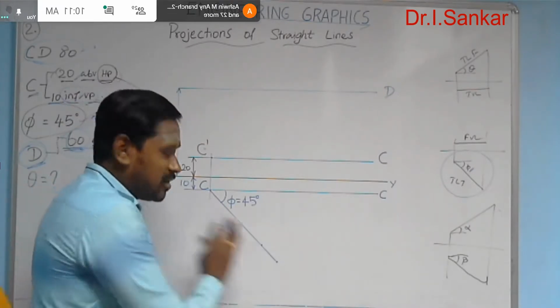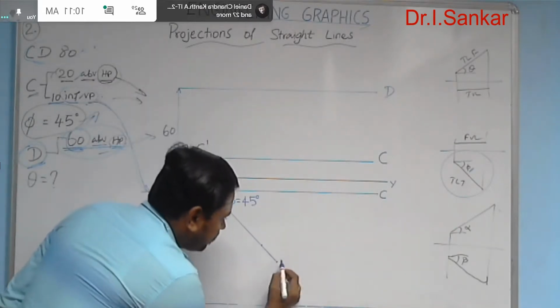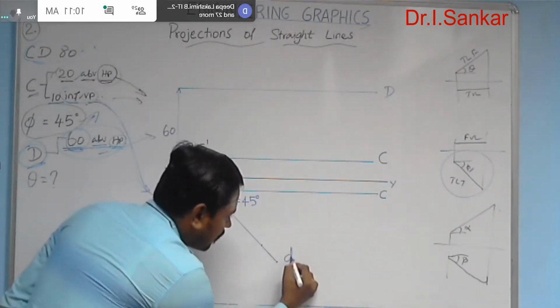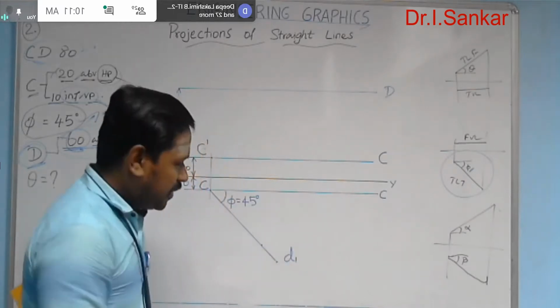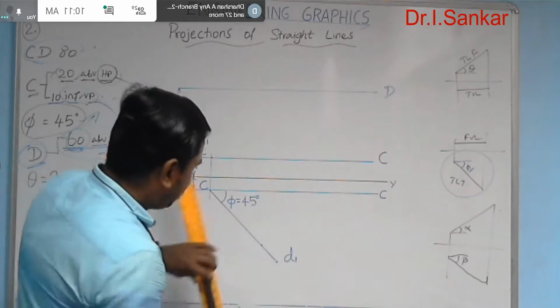And this end is not actually D, small letter D. It's not the final top view, so you can name it as D1. Immediately you need to draw the projector and the locus for that.